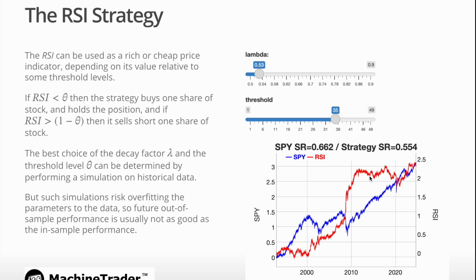So this is an example of using a simulation with historical data to find the best values of the parameters of the strategy.